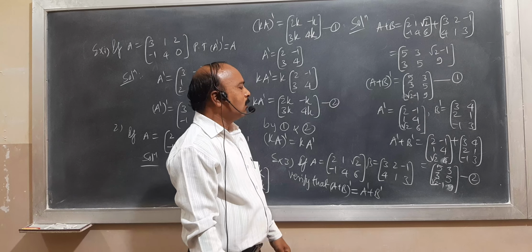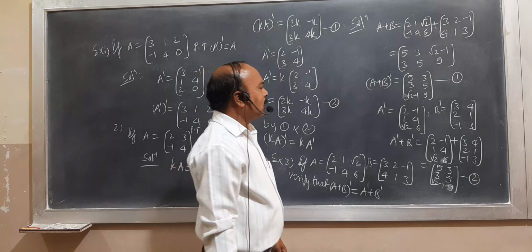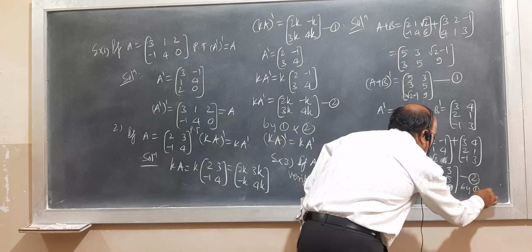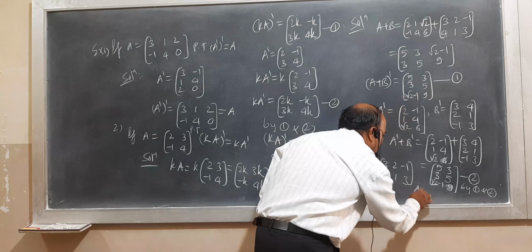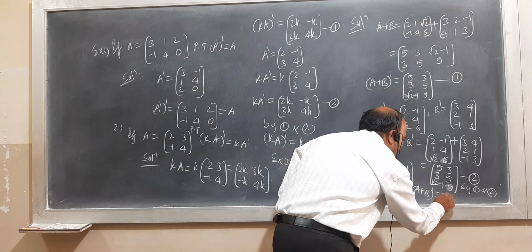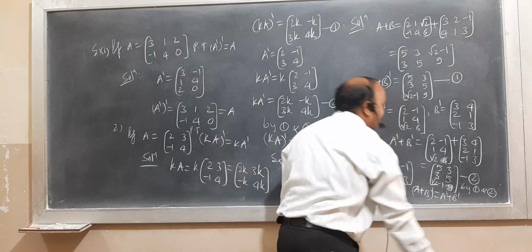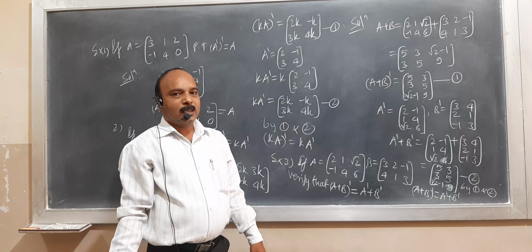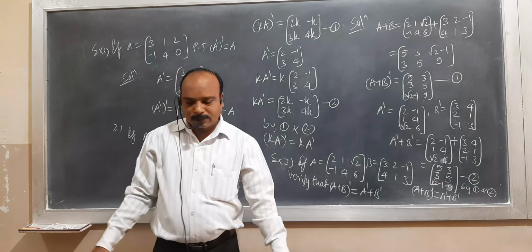Both are equal. Therefore we conclude that by 1 and 2, (A plus B) dash equals A dash plus B dash. It is the verification of the result. Write on this one.